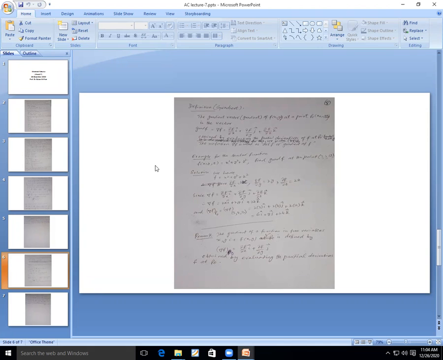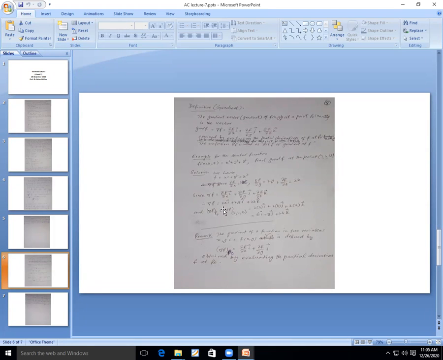Here partial derivative of f with respect to x is 2x, keeping y and z constant, और constant का derivative 0 होता है. And then partial derivative of f with respect to y, keeping x and z constant, you get 2y. Partial derivative of f with respect to z, keeping x and y constant, you get 2z.